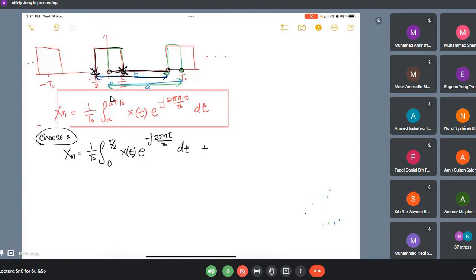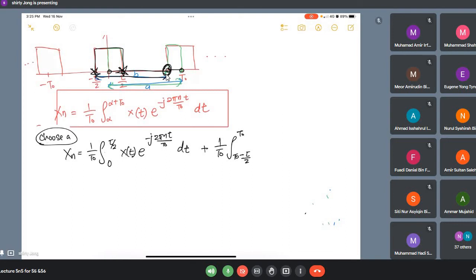Then plus 1 over T naught. This one, you need to know the value here. This value should be T naught minus tau over 2, until T naught.